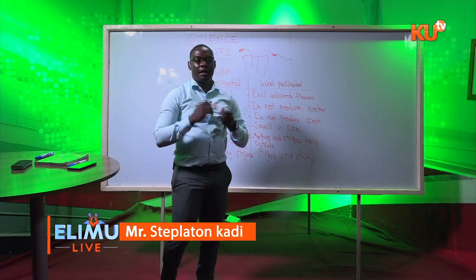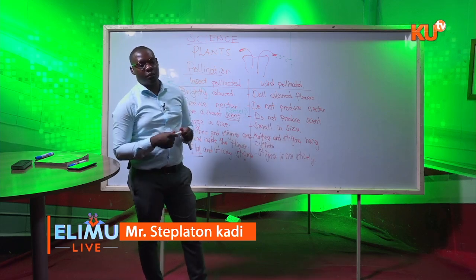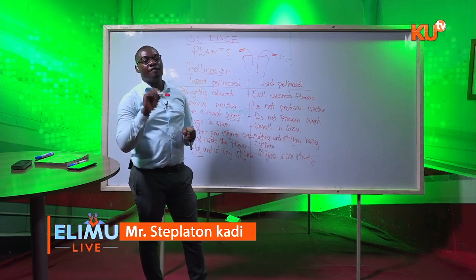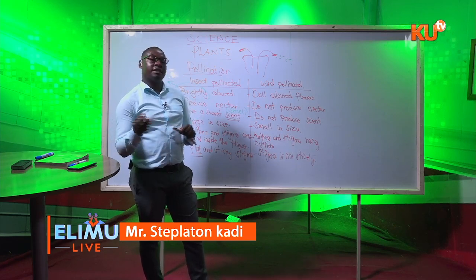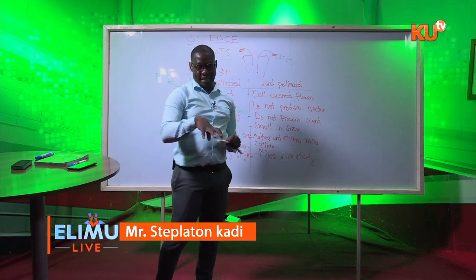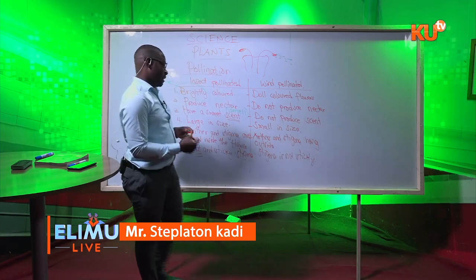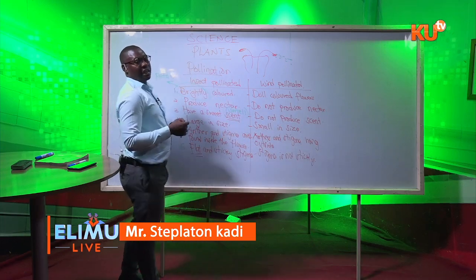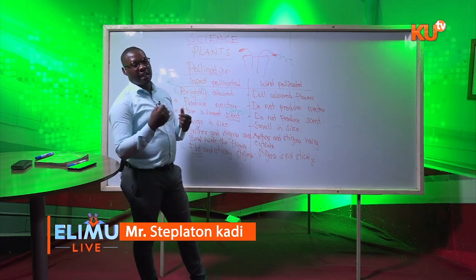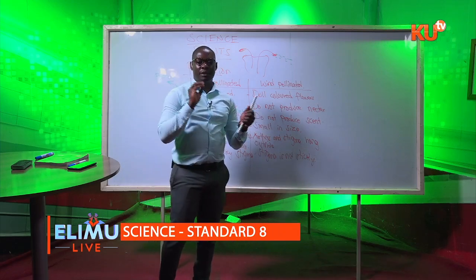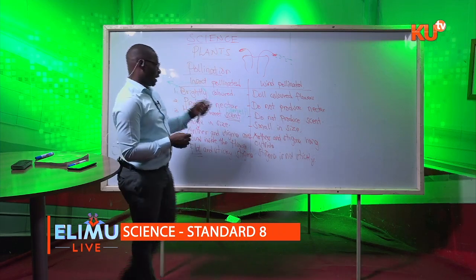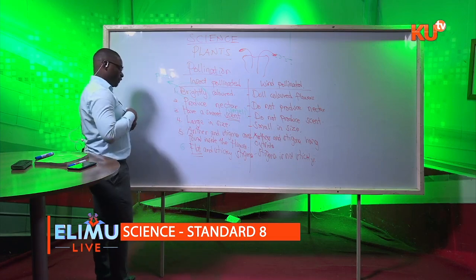The reason the stigma is flat is to give the insect a good landing surface, so as it's looking for the nectar, it can easily land on the flower. And it is sticky so that in case the insect is carrying pollen grains on its body, the pollen grains will stick to the stigma. That does not apply to wind-pollinated flowers.